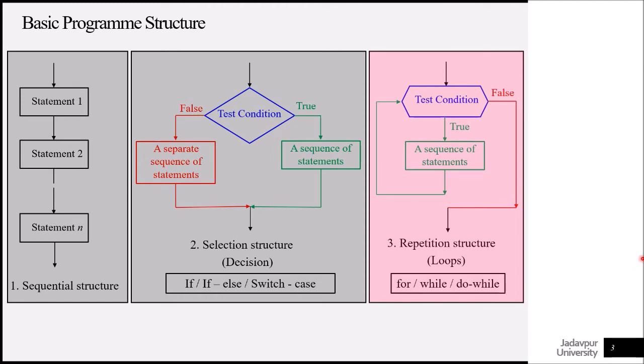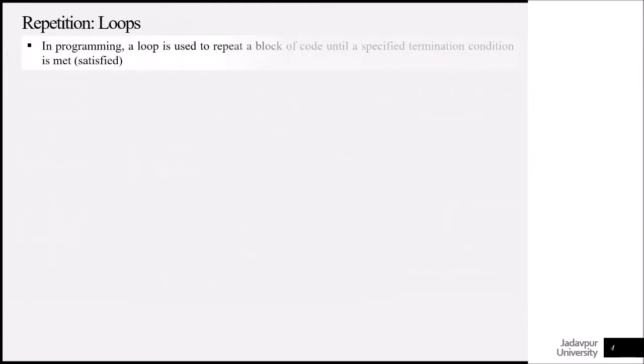So I hope this gives you a preliminary idea about loops, and let us now move forward to a more formal definition of loops or iterations. We can say that in programming, a loop is defined as a block of codes that is repeated until a specified termination condition is satisfied.